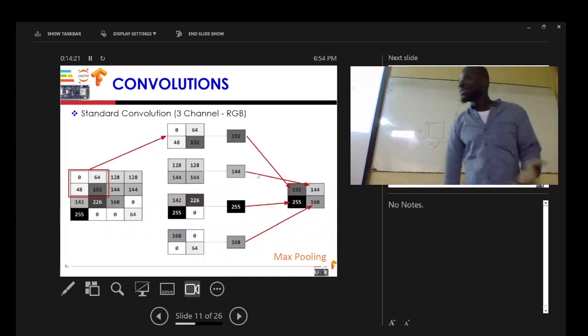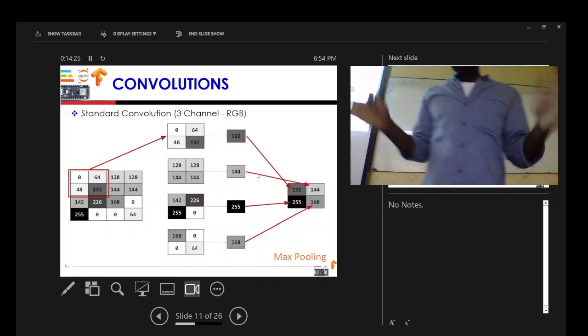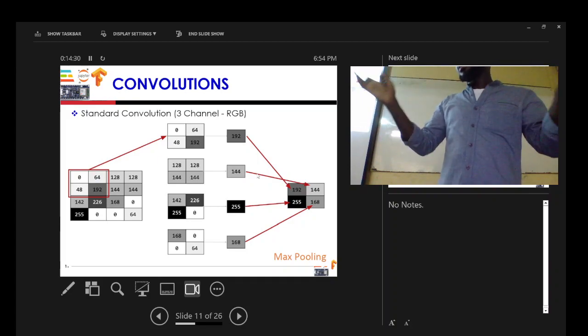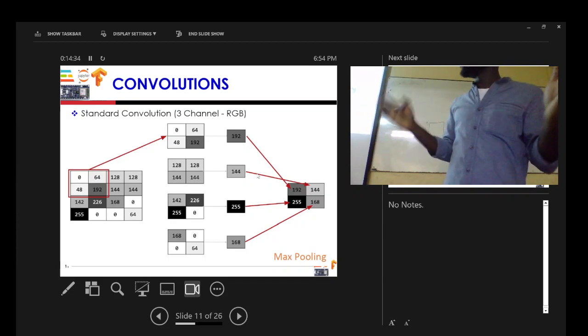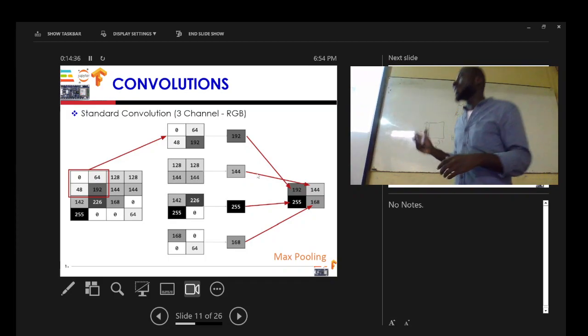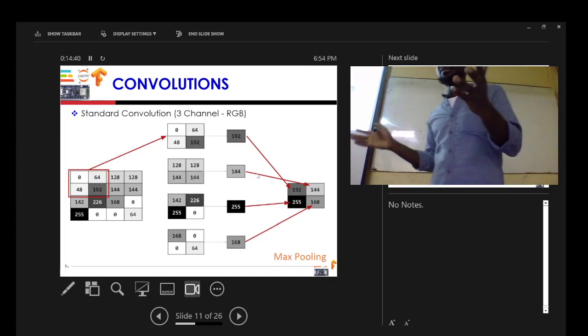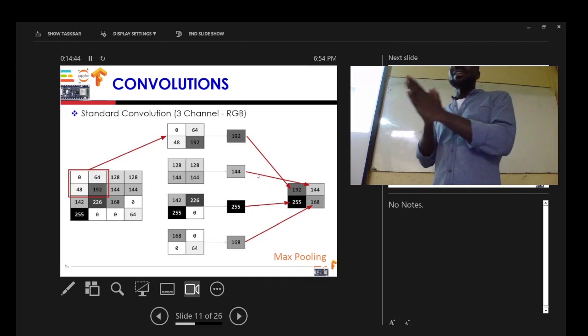Now, the whole point is, after you have done your convolution, you've gotten your convolved image. That's what you call it. Sometimes the number of pixels in the image is too many, so you have to reduce it. Are you understanding?